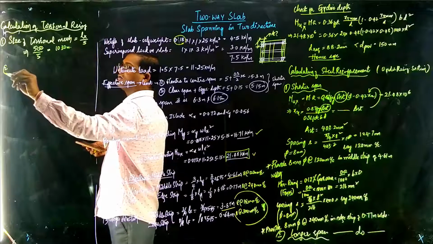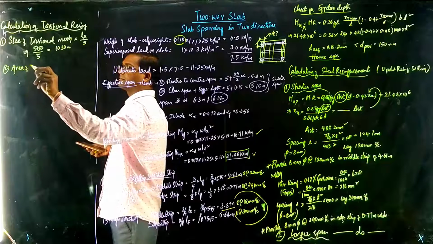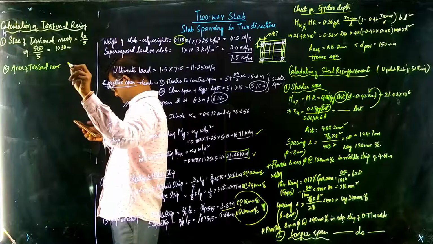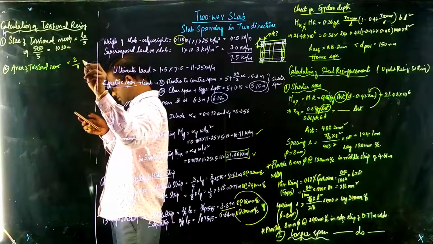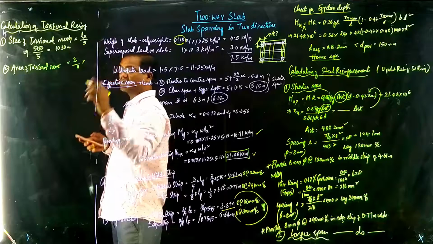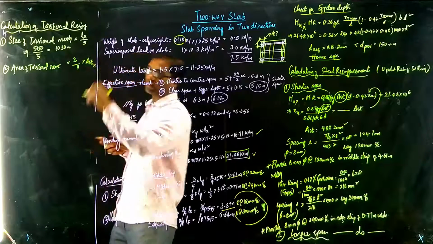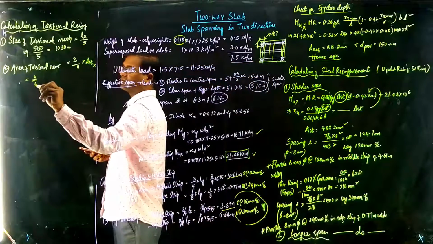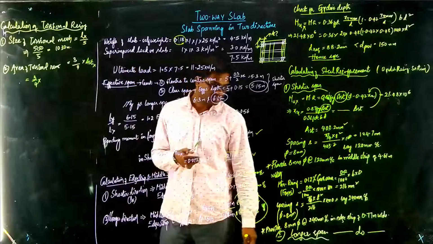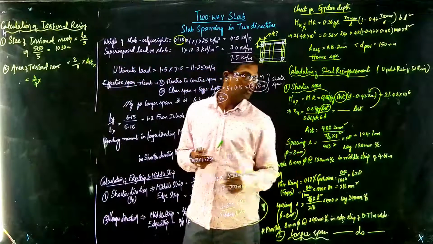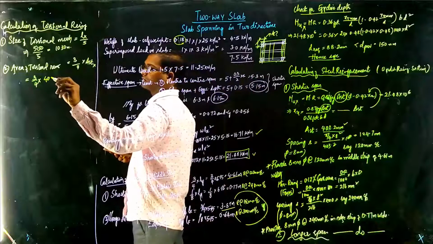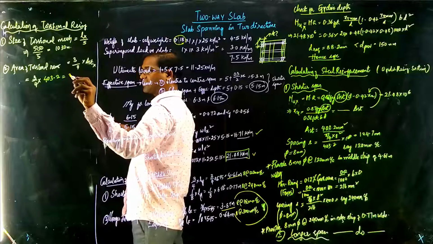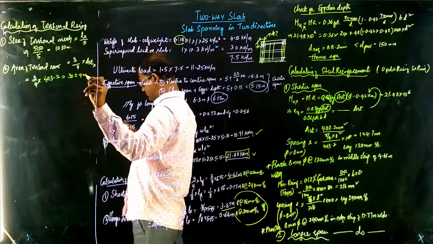And the area of this reinforcement, you have to calculate 3/4 of AST, which is calculated in shorter direction. Right? So that is 3/4 of area of steel calculated in shorter direction is how much? 403.2. So if you calculate this value, you will get 302.4 mm squared.